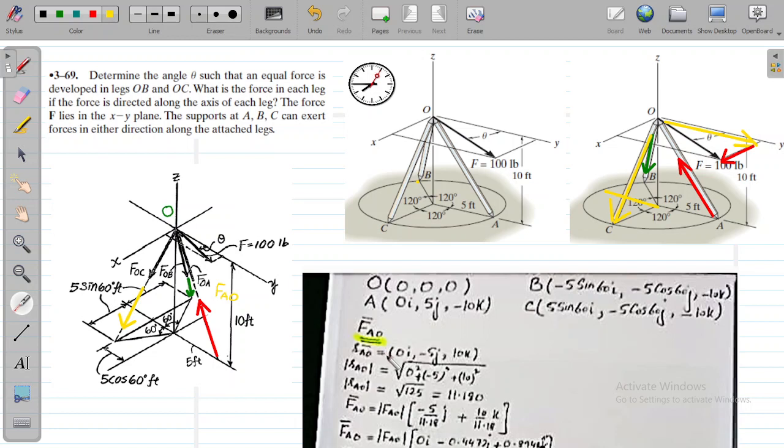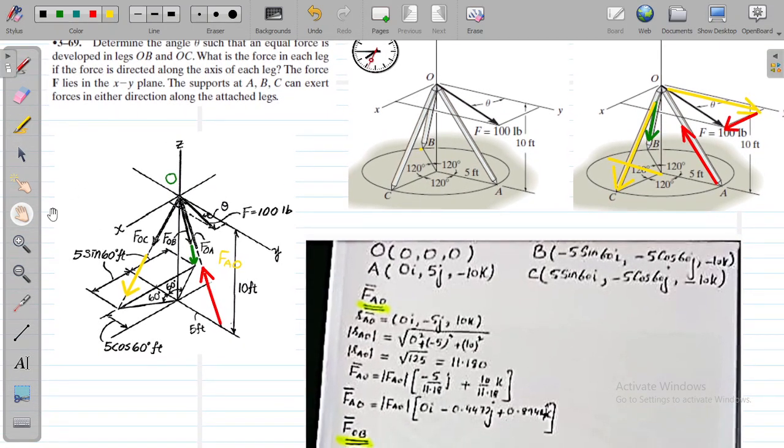And for the other, because this is the origin, it will be 0 minus 5j. And for this one, 0 minus minus 10k, and minus and minus gives you a plus, so plus 10k. So this is RAO. Then if you want to calculate the position vector of this RAO, it is very easy.